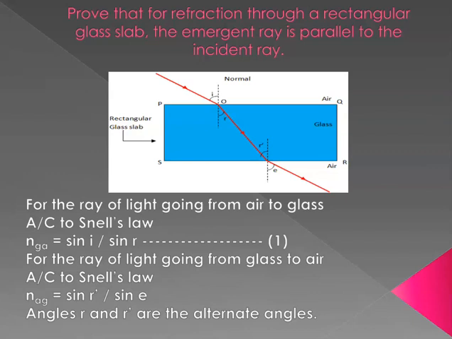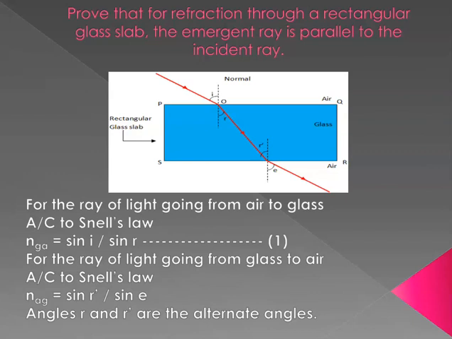When it enters from air to glass it bends towards the normal. But as the ray of light passes from glass to air, it bends away from the normal. The angle between normal and incident ray is I. The angle between refracted ray and normal is called R, that is angle of refraction. The angle between emergent ray and normal is called angle of emergence.